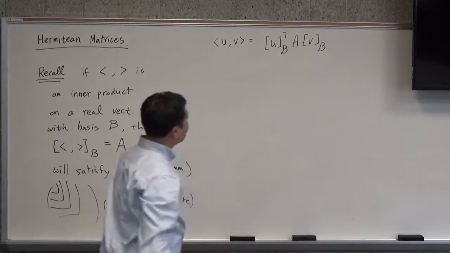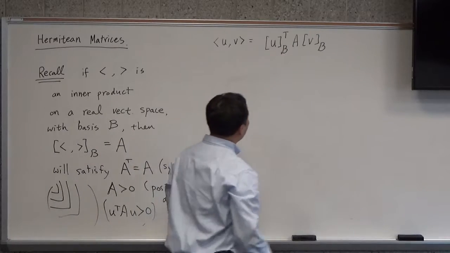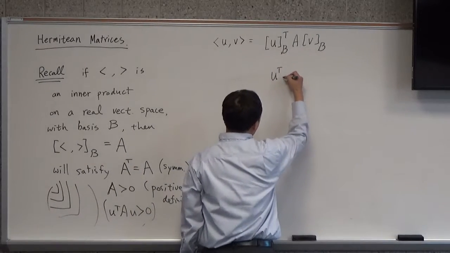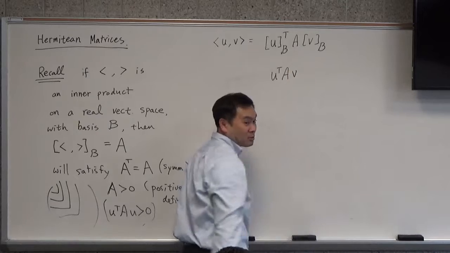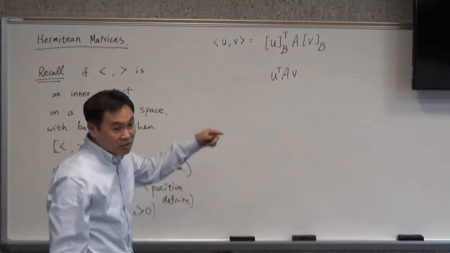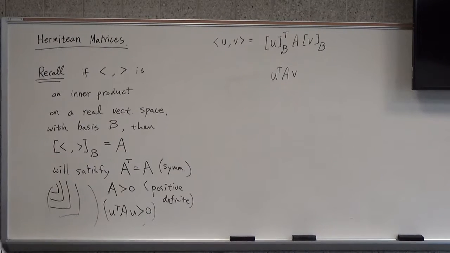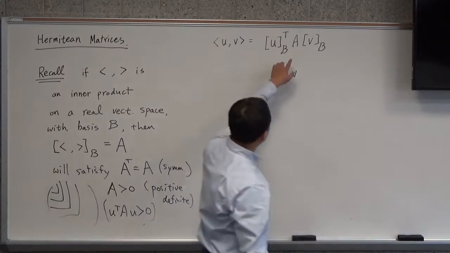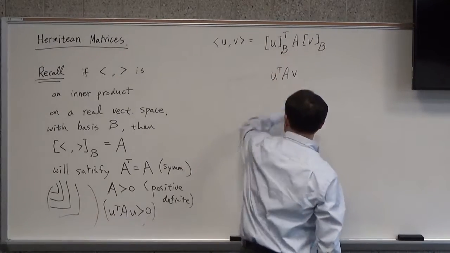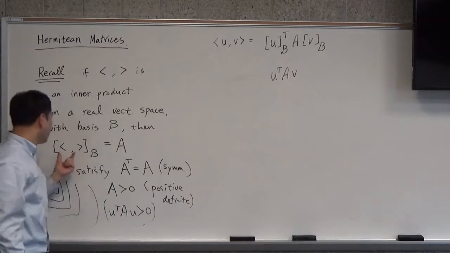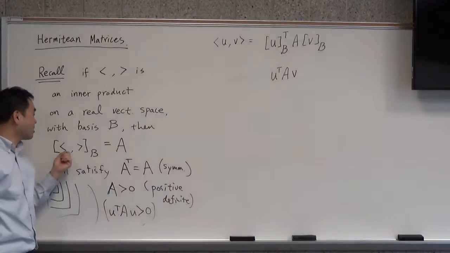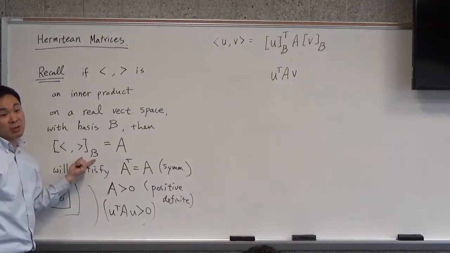It just looks bad. All I'm trying to say is it's something like this. If you do this, it gives you an inner product, that calculates a value. So any matrix A that satisfies this relationship is called the matrix representation of the inner product with respect to that basis.